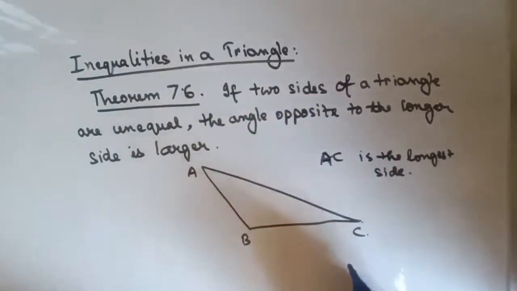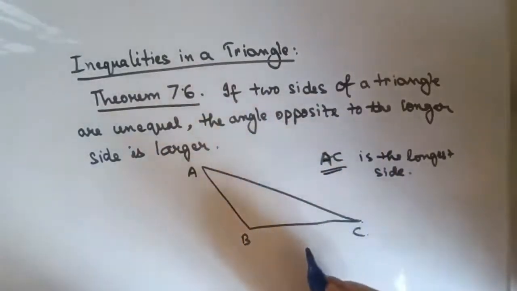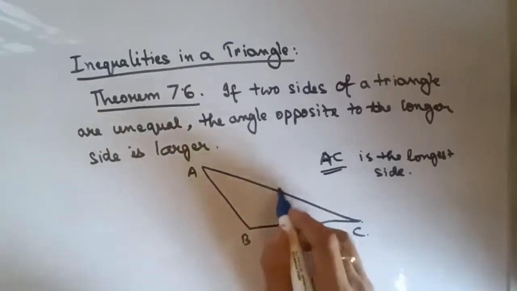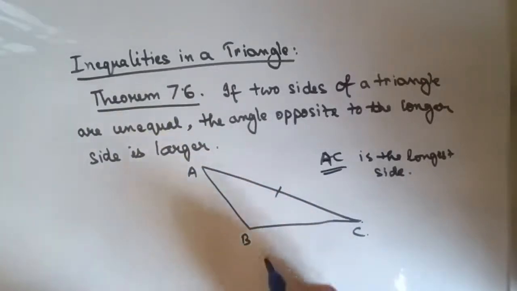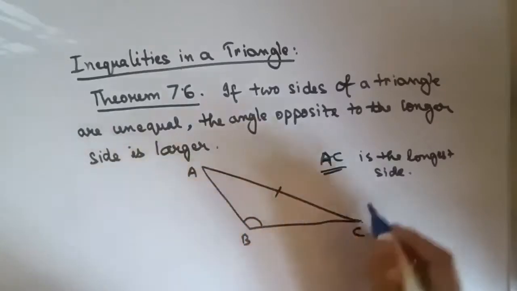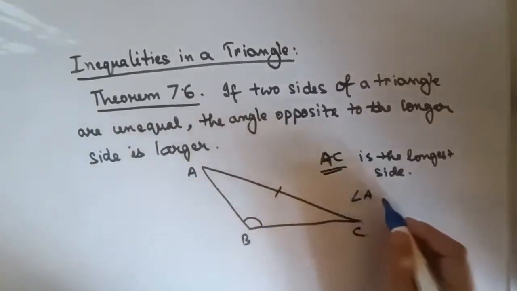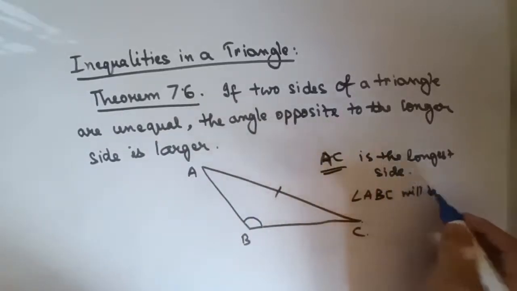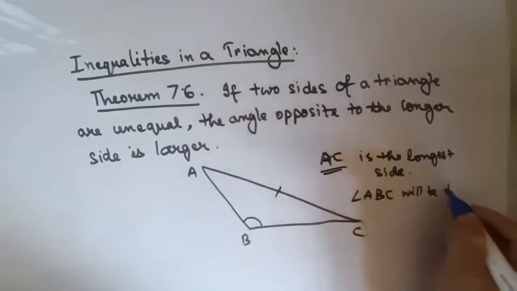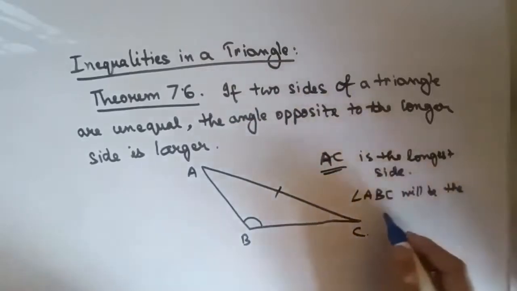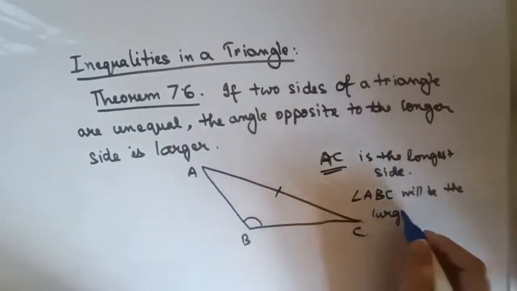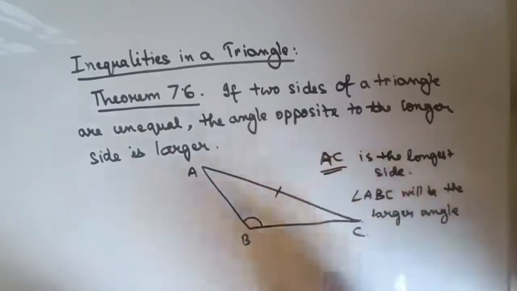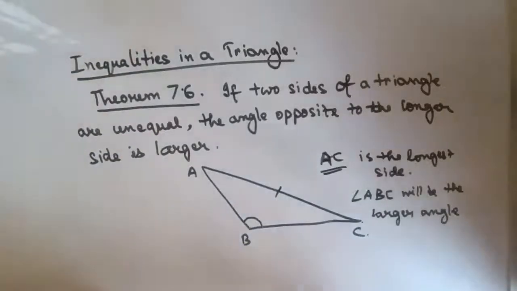So the angle opposite to this side, angle B, will be the largest angle among the three angles of the triangle.